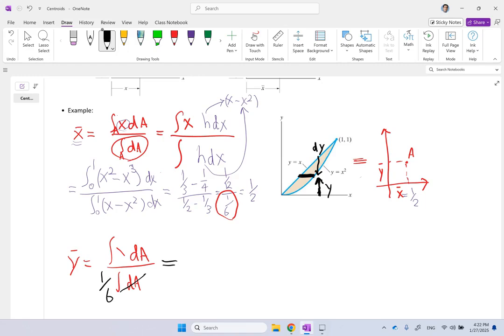The left side of it is on the line, the right side of it is on the curve. And if I move this element up and down, guess what happens? It is going to sweep the entire surface. So I can use this horizontal element this time, right? So this is going to be integral of y times, that is 1/6.